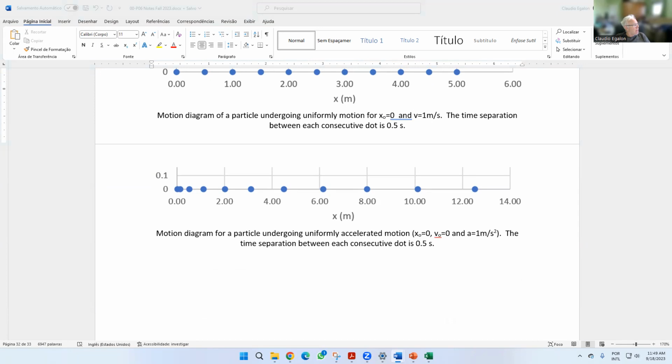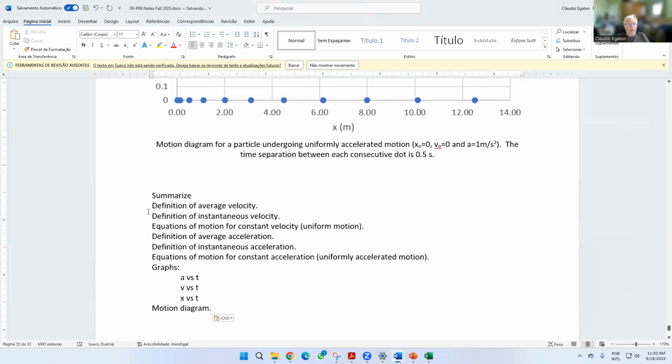I'm going to summarize what we did so far. We defined average velocity. We defined instantaneous velocity. I spelled out the equations of motion for constant velocity.